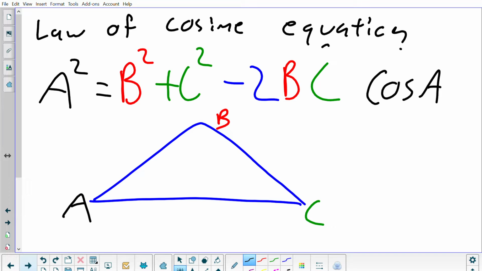Okay, so our law of cosines equation is here. So again, pause the video, write this down.